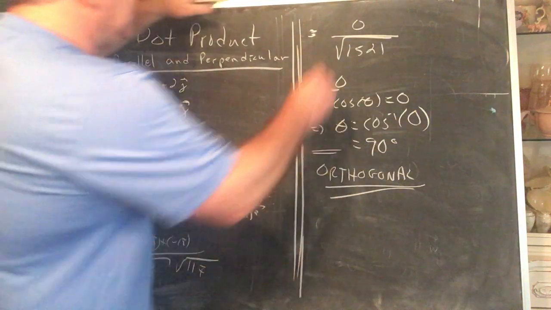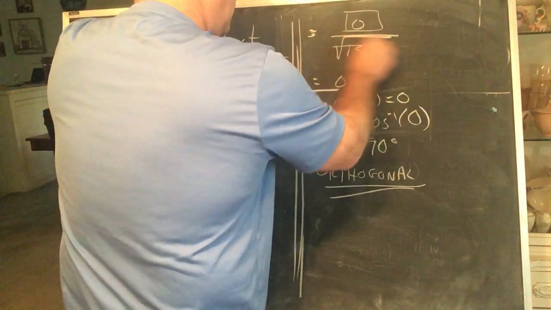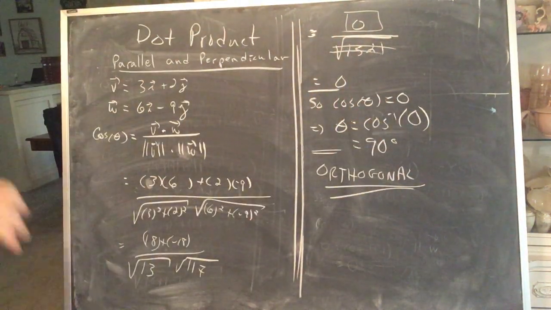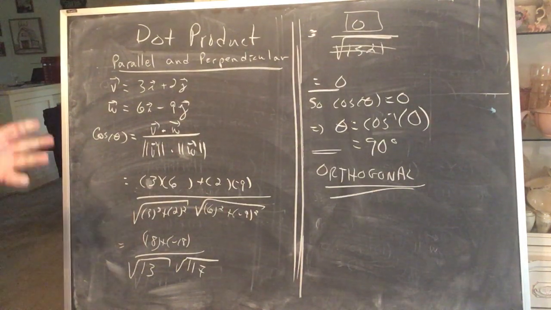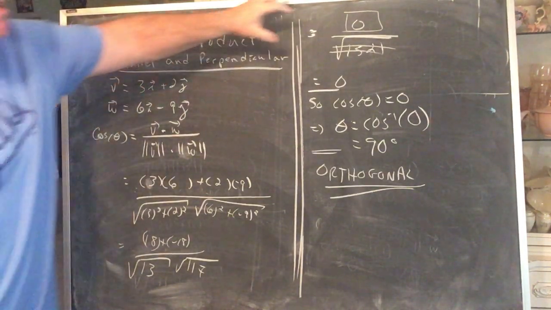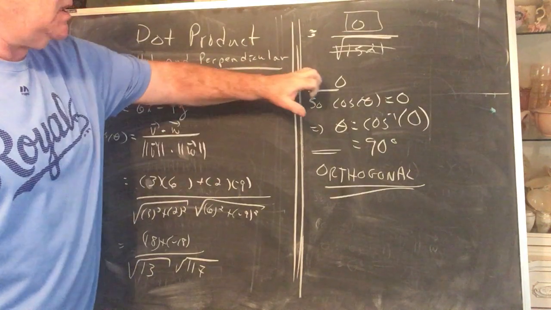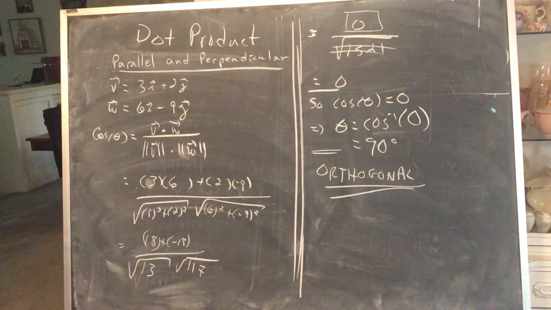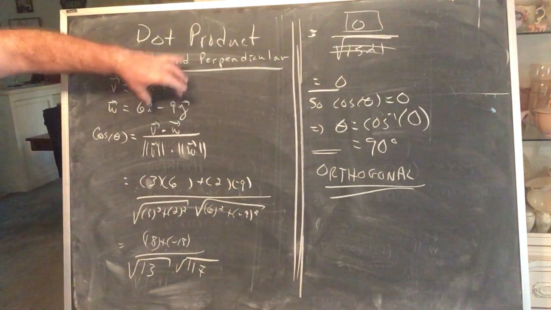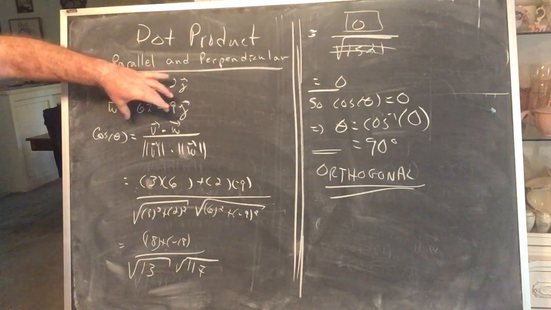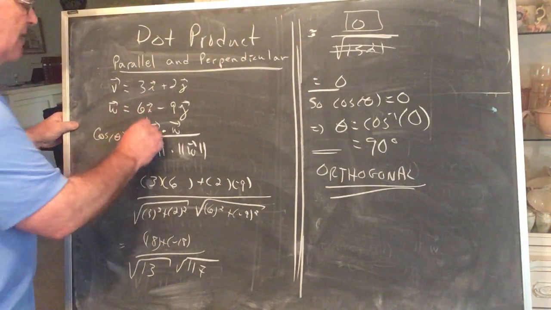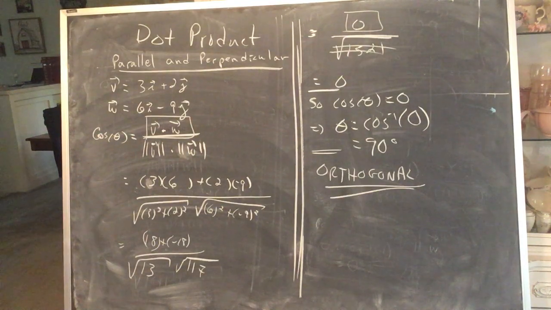Is it clear? As long as this numerator is equal to 0, then the value of the denominator, as long as it's non-zero, is irrelevant, because 0 divided by any positive number is going to give you 0. And so this computation will work out to be 0. These vectors will be orthogonal anytime this numerator works out to be 0.